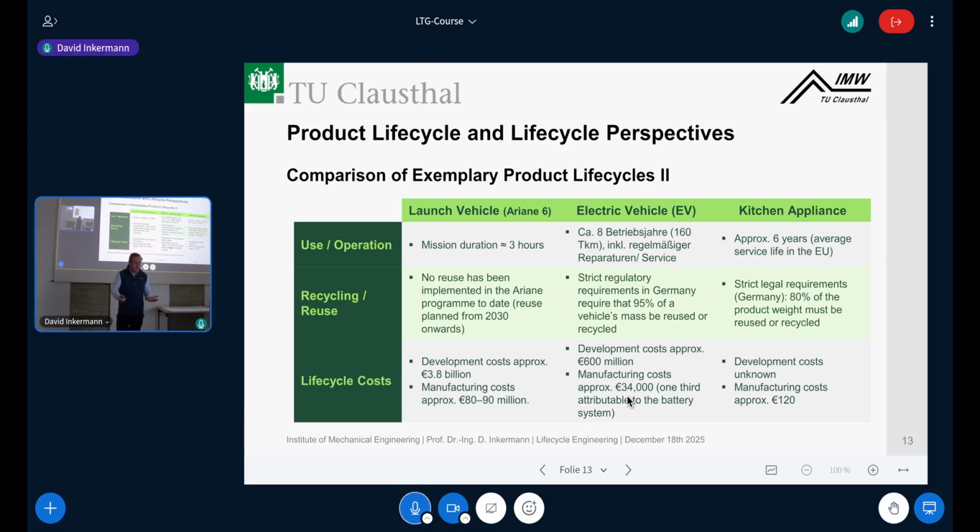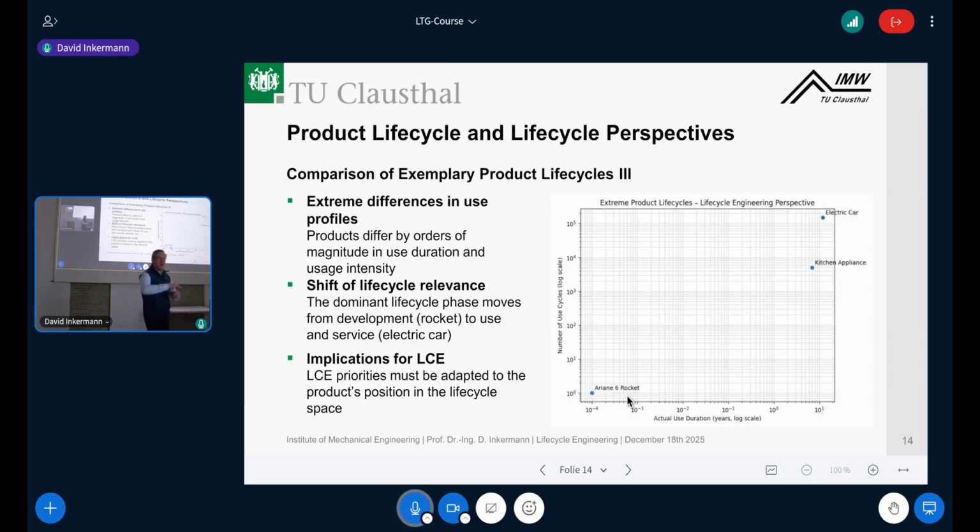So the basic conclusion based on this comparison is that we have really completely different life cycles. So with regard to the duration, how long we use a product, but also how long it takes to develop the products, and also considering the end of life, so recycling.